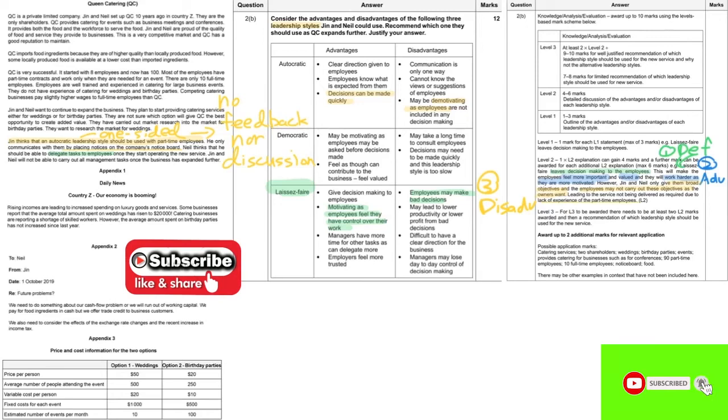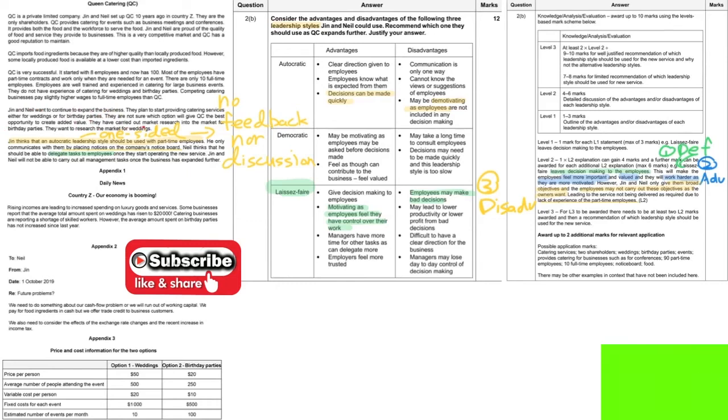Before we move on, I would like to highlight what the broad objectives of the owners would be. If you go back to the paragraph, you will see the objectives of the business.